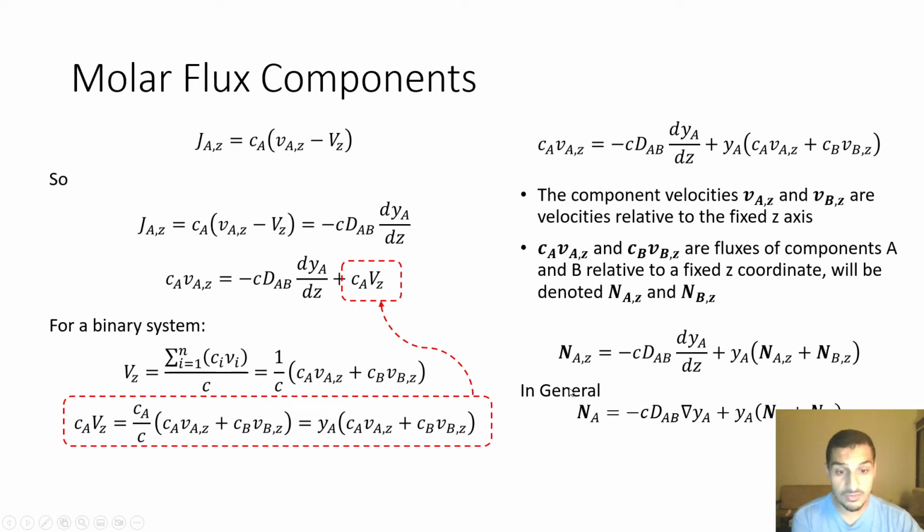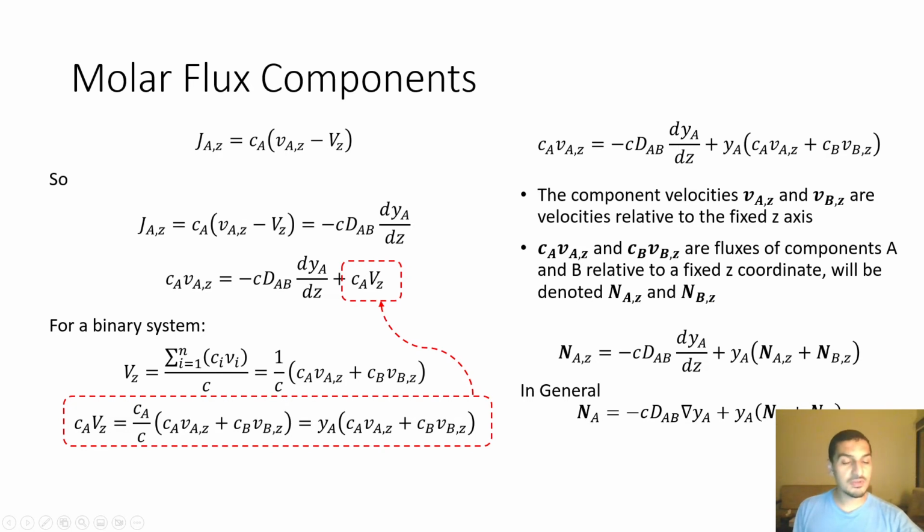This is the total flux of A, and this is the total flux of B. So this is the final form of the equation, which represents the flux with respect to a fixed point in space. We started with Fick's law and the definition of the flux with respect to the average velocity, and with some mathematics we were able to reach this form.